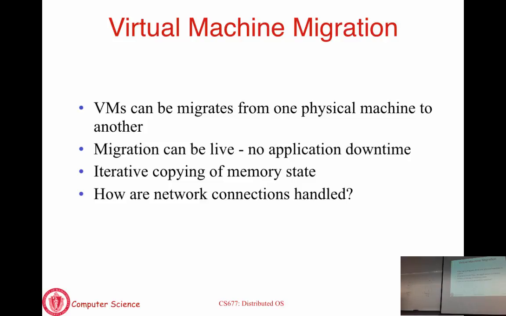Okay. Now, it turns out that in this case, even though the VM has appeared on a different machine, handling network connections is actually very simple. Okay, not much has to be done. Everything just works as is, and all that you have to realize for why this works is the following. This is your machine A. It has an Ethernet card, okay, which has an IP address associated with it.